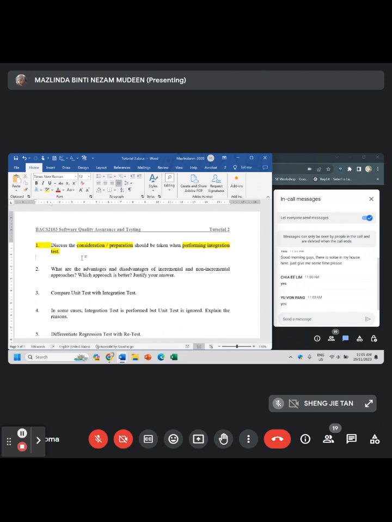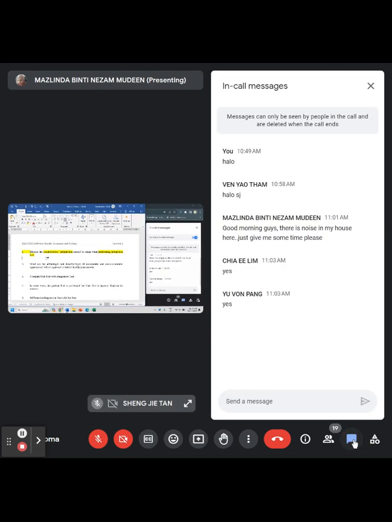Then only we can start the integration test. What can be that? Any idea? Before we do the integration test, what are the considerations? Or is there anything which we need to prepare or which we need to make sure we have done? Okay, test environment.